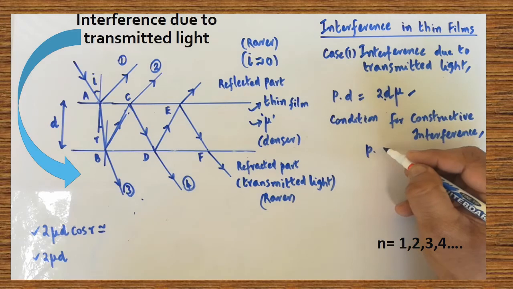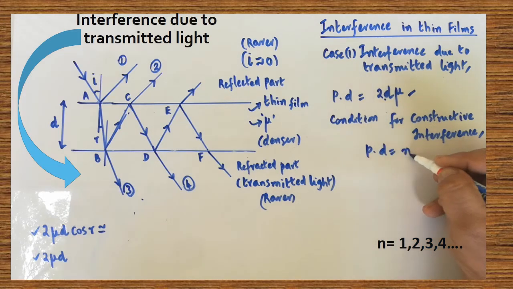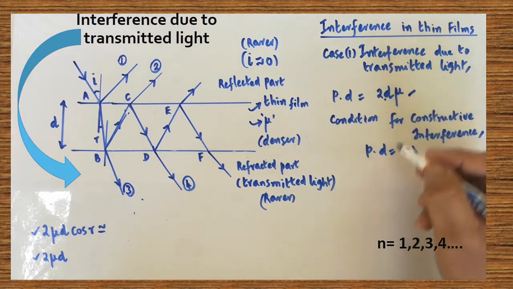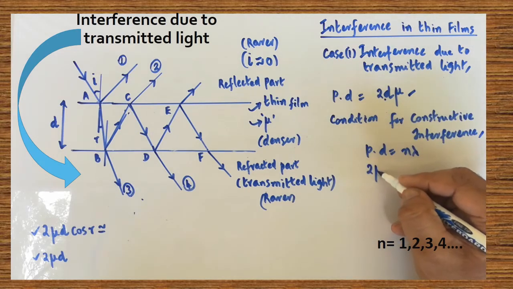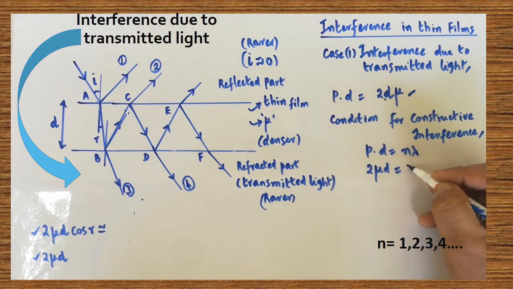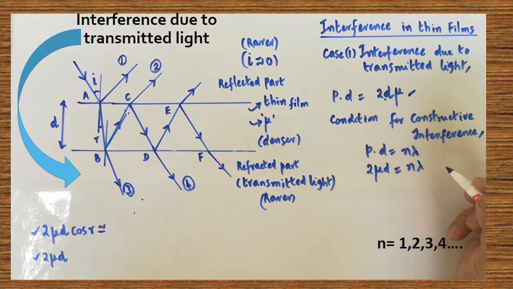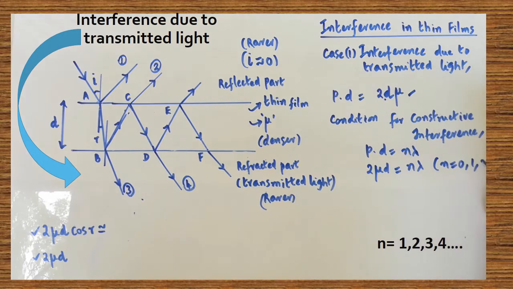Path difference must be equal to n lambda. Are you clear? That is the condition for constructive interference. So what is the path difference here? 2 mu d is equal to n lambda is the condition for constructive interference, where n must be taken as 0, 1, 2, 3, 4 and so on.